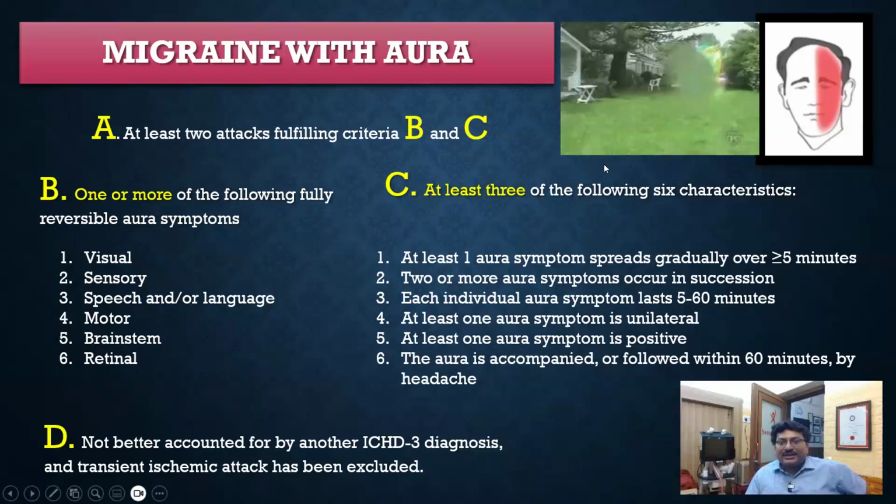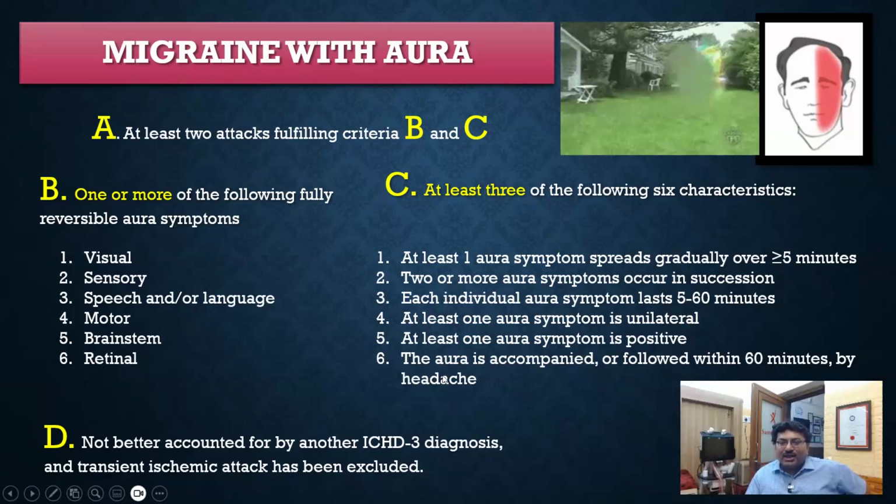Okay, and at least 3 of the following 6 characteristics: at least one aura symptom spreads gradually over more than 5 minutes; 2 or more aura symptoms occur in succession; each individual aura symptom lasts 5 to 60 minutes; at least one symptom is unilateral; at least one aura symptom is positive; and if the aura is accompanied by headache, the headache follows within 60 minutes.